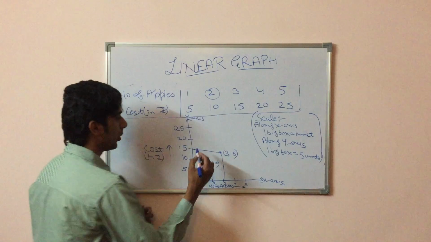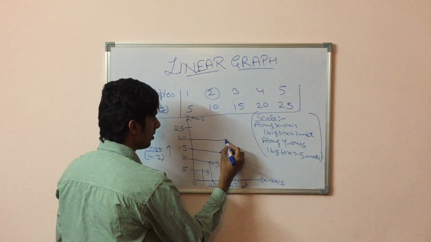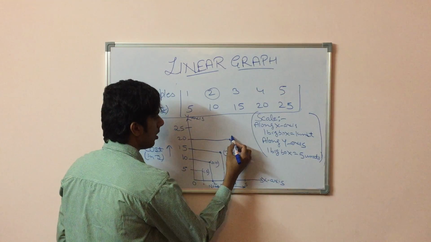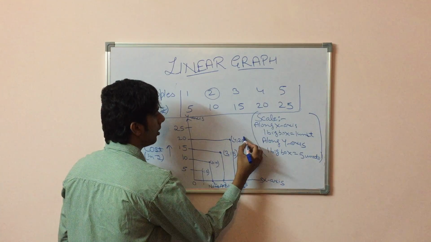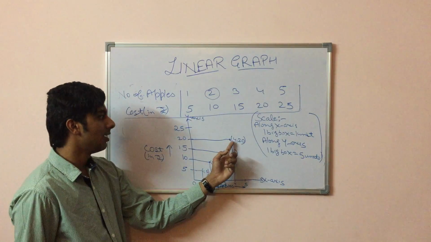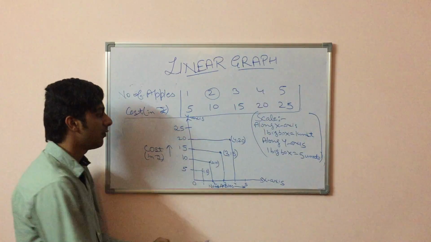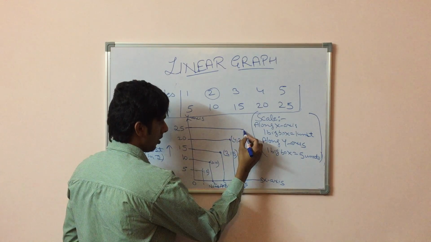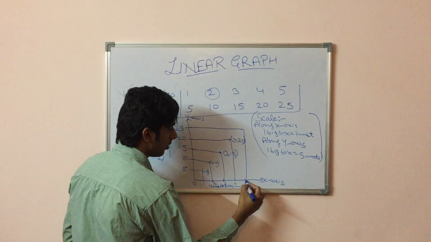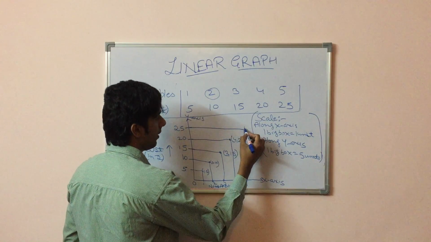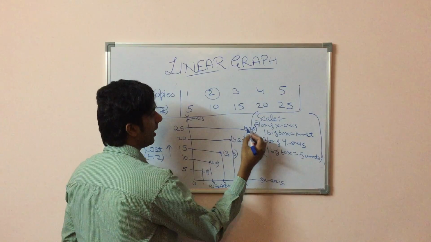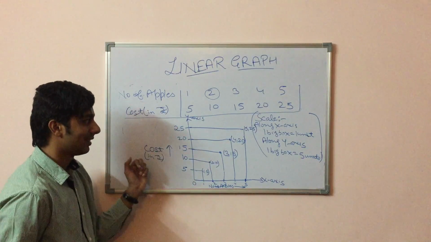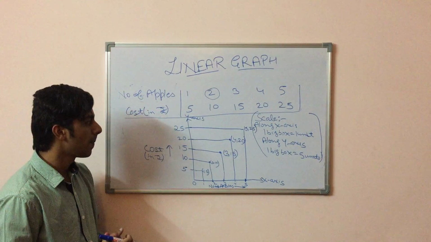Then comes 4 comma 20. This is the point 4 comma 20, and then 5 comma 25. Why? 5 is the x point and 25 is on the y-axis, right?